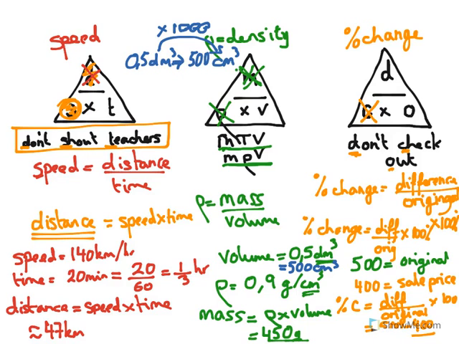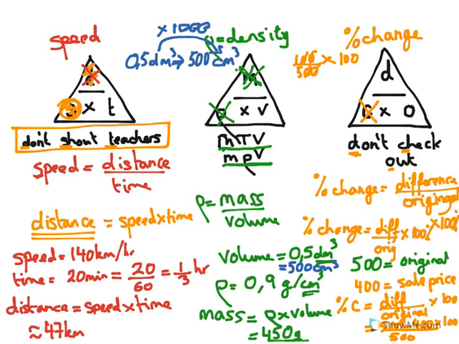I've not got enough space left here, so let's write it up here. 500 minus 400 will be 100. So we get 100 over 500, the difference in price divided by the original, times 100%, to change it into percentage.